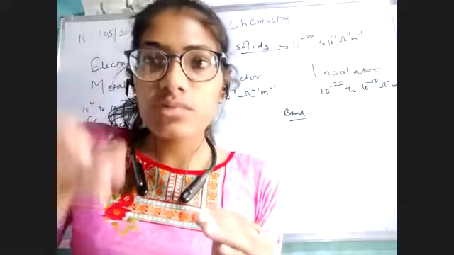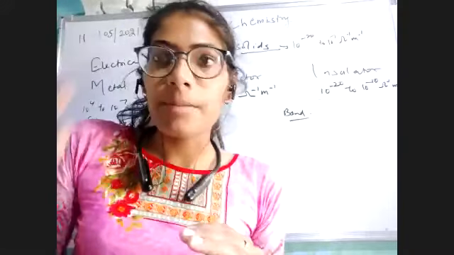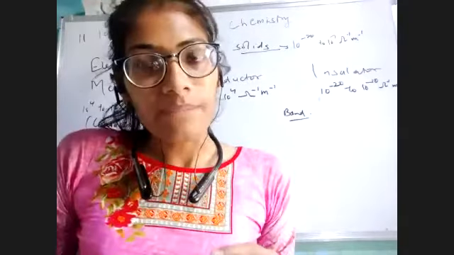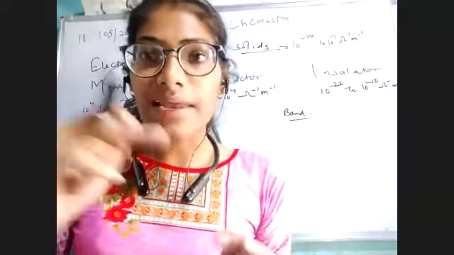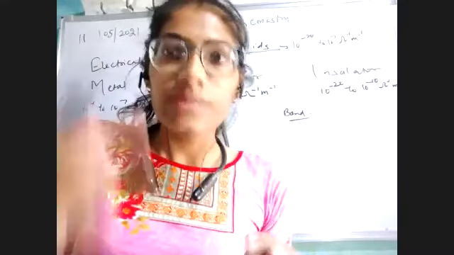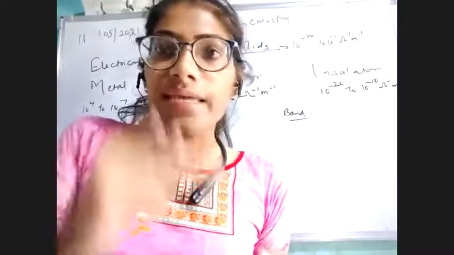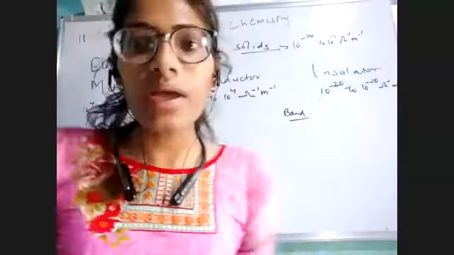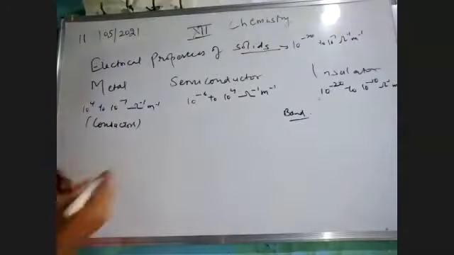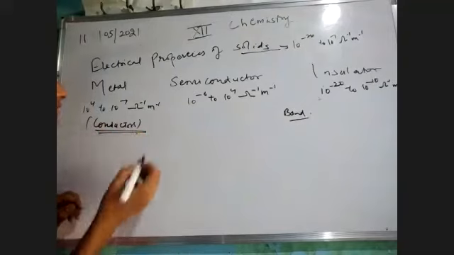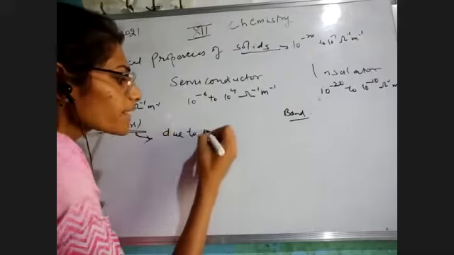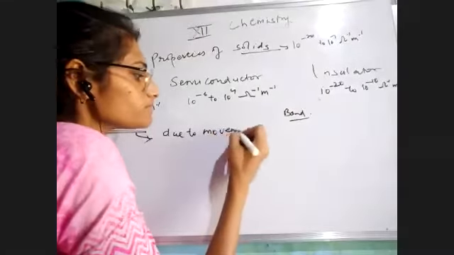Whenever electrons keep moving, our metal exhibits electrical property. यानी जब तक metals के पास electrons की movement हो रही है, तब तक हमारे जो metals हैं, they can show conductivity, they can show electrical movement. Okay, now our metals, that are also known as conductors, show conductivity due to movement of electrons.